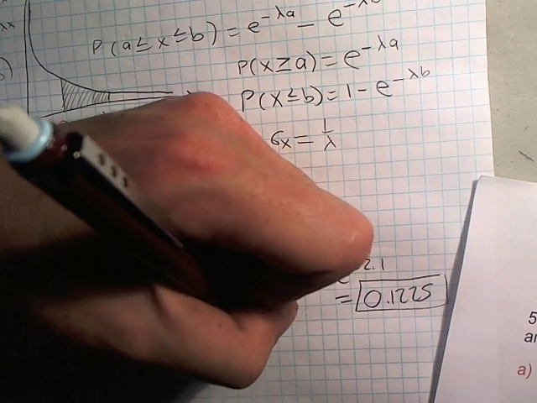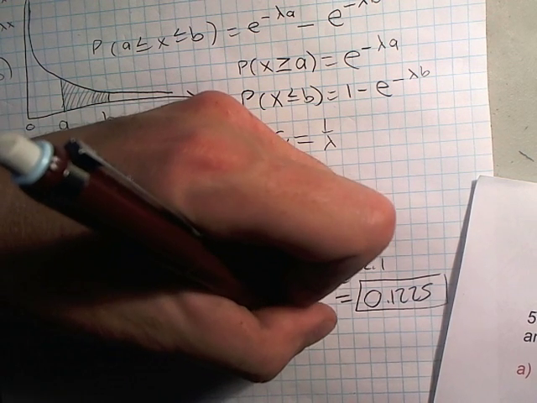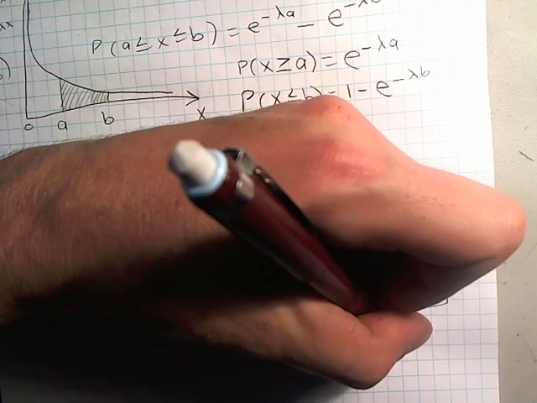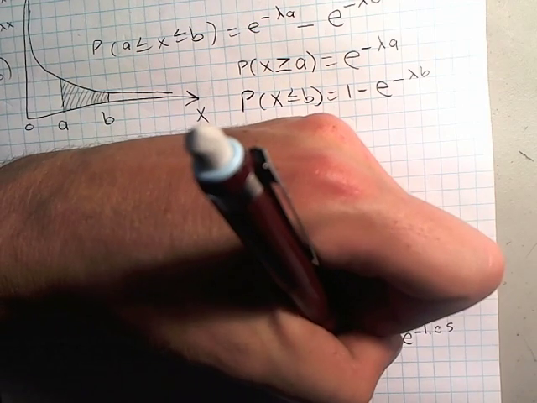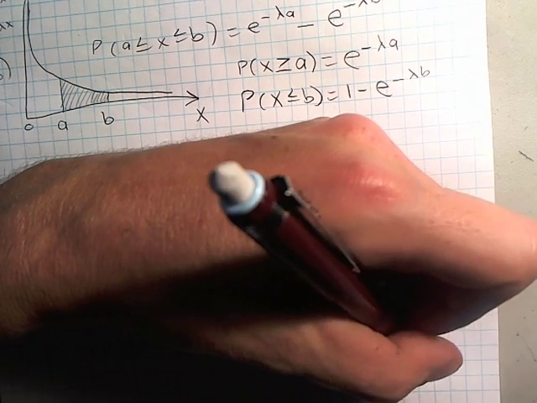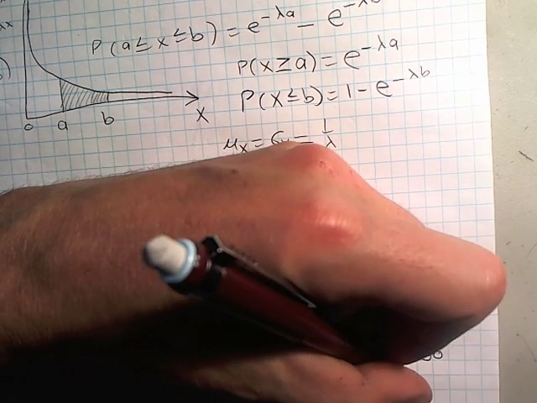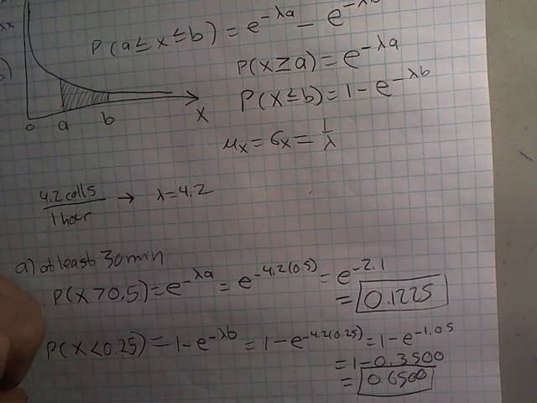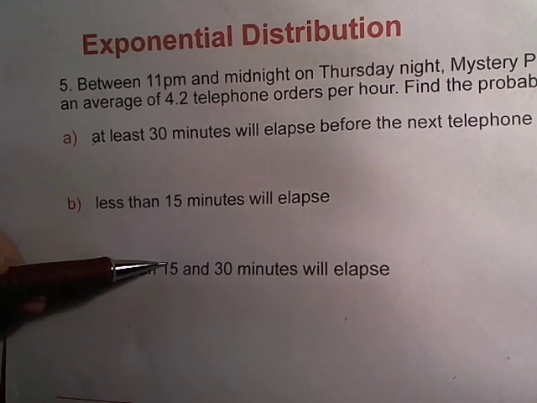That's going to work out to 1 minus e to the negative 4.2 times 1/4, which is equal to 1 minus e to the negative 1.05, which is equal to 1 minus 0.3500, and that's going to give us an answer of 65% on part B.